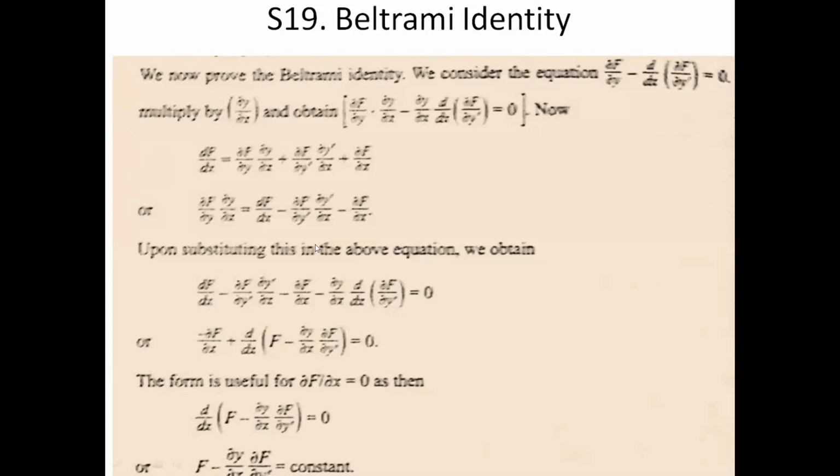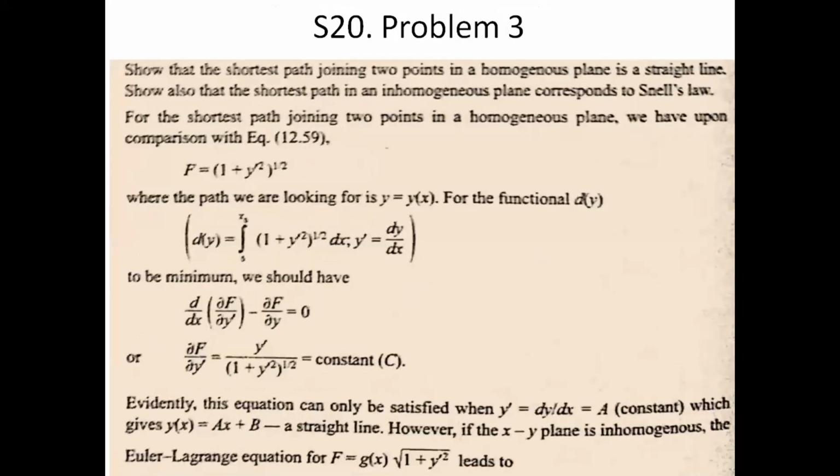With this, we go to S20, where I have shown that in the same medium the shortest path joining 2 points in a homogeneous plane is a straight line, and in an inhomogeneous plane, of course, the path follows Snell's law.